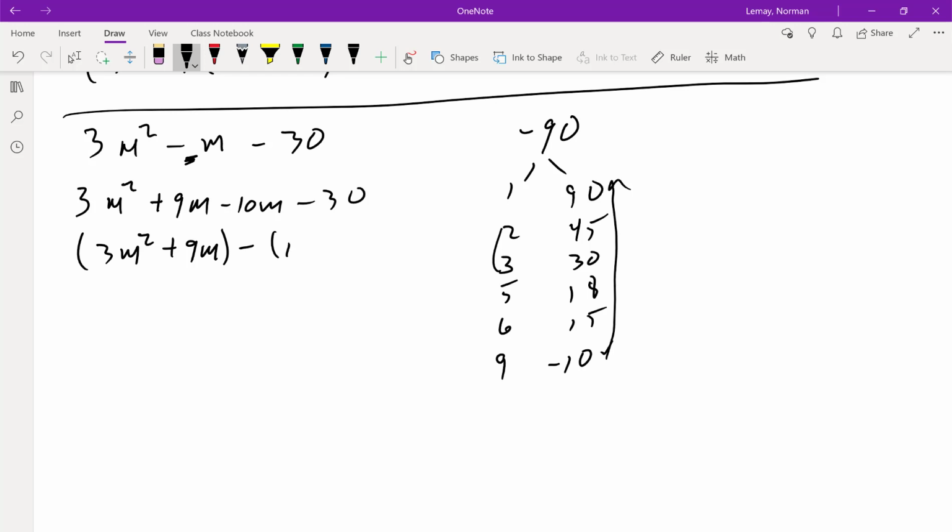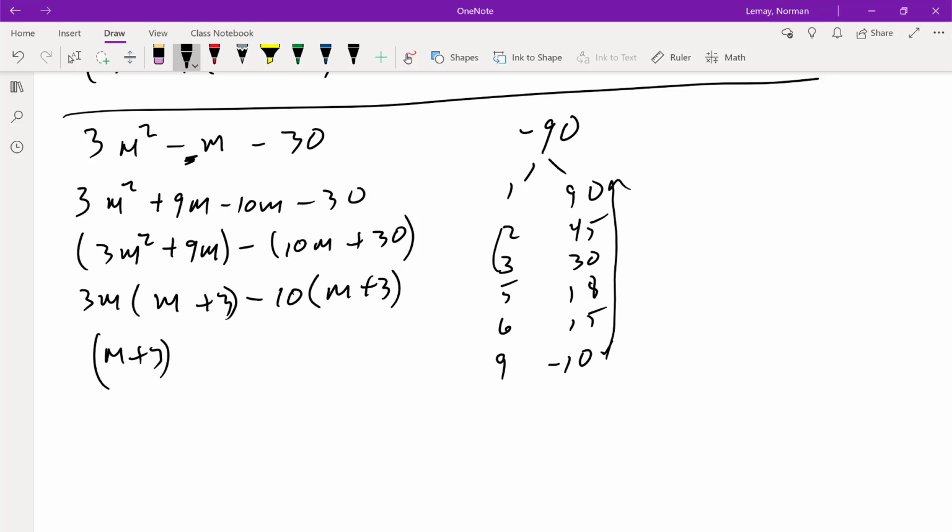So here I get 10m plus 30. So factor out the greatest common factor here, so 3m. So I get m plus 3 minus, and here I get a 10, m plus 3. So again, factor out the m plus 3. So I'm left with 3m minus 10. Okay.